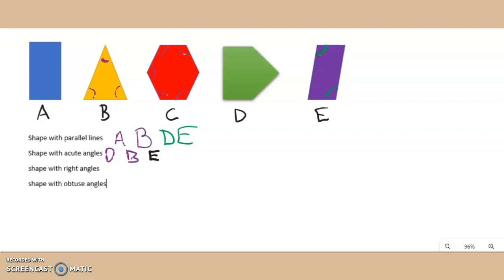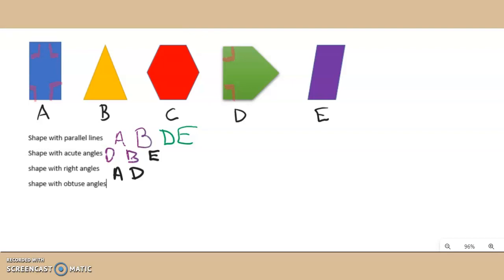Then we're going to look at shapes with right angles, and we already identified those. We already know that this is a right angle, this is a right angle, and this one has 4 right angles. They meet at perpendicularity. So A and D are the only ones that have right angles. Obtuse angles are the angles that are very fat or very wide.